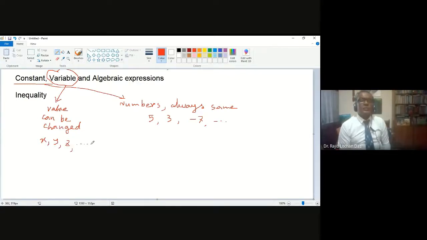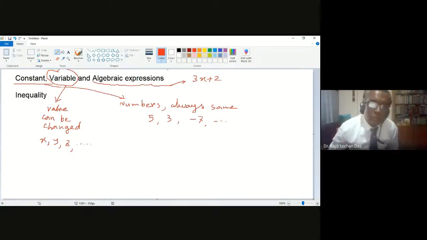Okay, so if you write any algebraic expression, say 3x plus 2, in this case it is called an expression, and in this case we have variable and also constant, and we have operators, that is plus, minus, into, something like that.